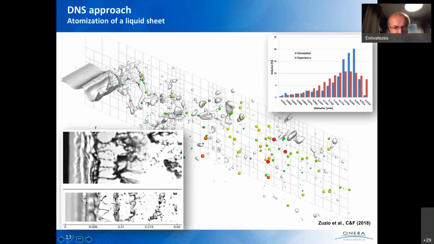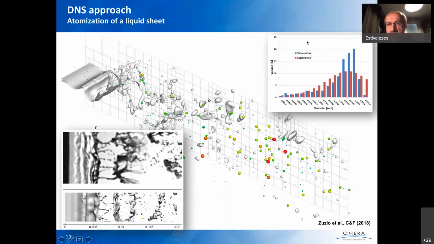This is a simulation. You can see that we have a very good qualitative agreement. And here you can see the methodology we use, coupling AMR and Lagrangian droplet transport. All the colored droplets, when they are formed, are followed by a single Lagrangian method.